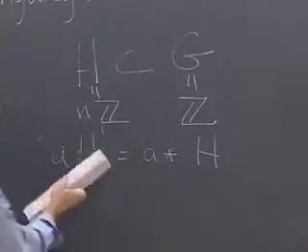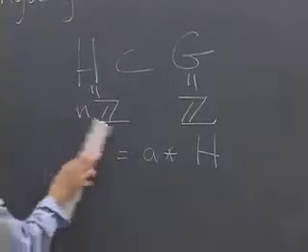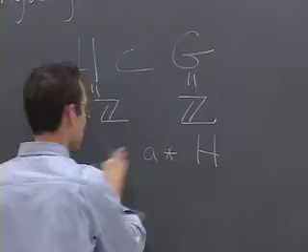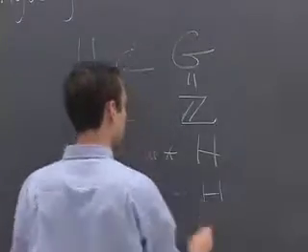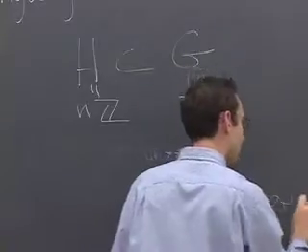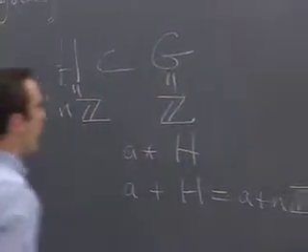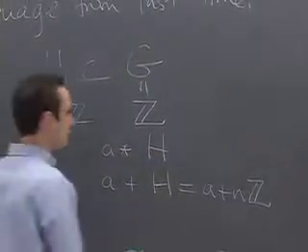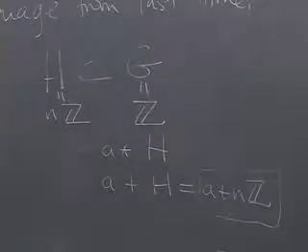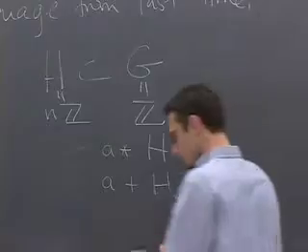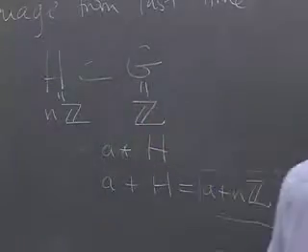So this multiplicative notation is not really appropriate. What we're really working with is a plus H, or what is the same, a plus nZ, as the set of cosets of nZ. The cosets are things of this form. So these equivalence classes are just cosets.